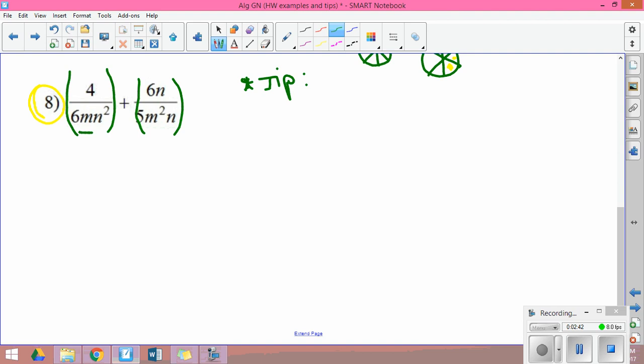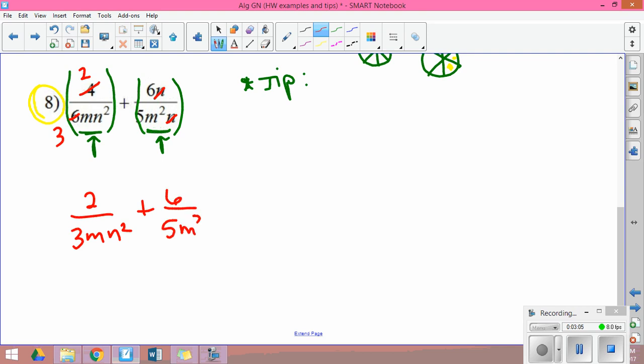So if there are any common factors, I can reduce those fractions before I start. There's a common factor of 2 here. So I really have 2 over 3mn squared plus, here's a common factor of n, 6, 5m squared.